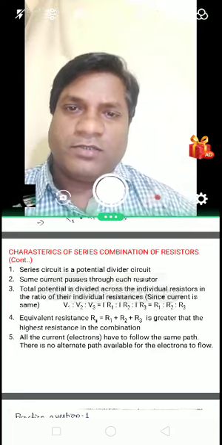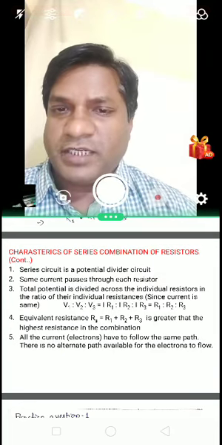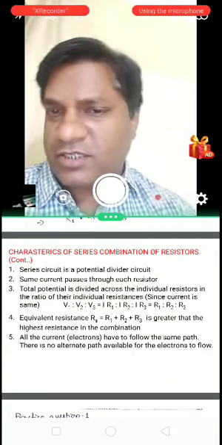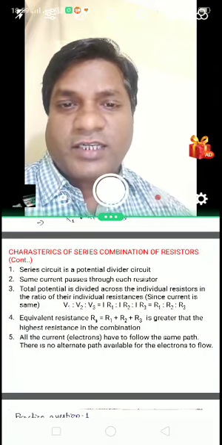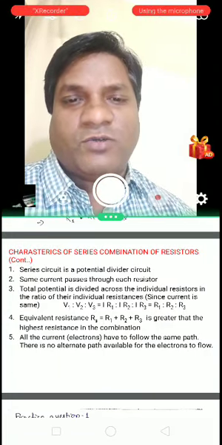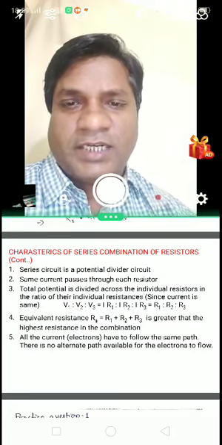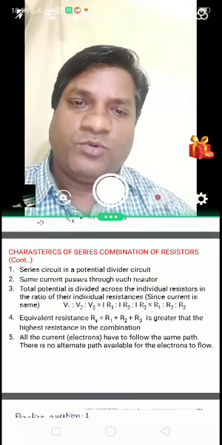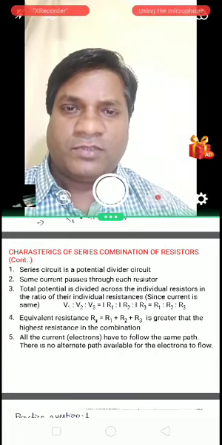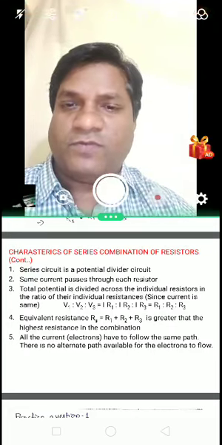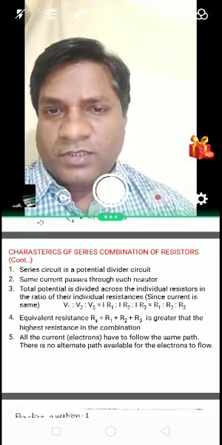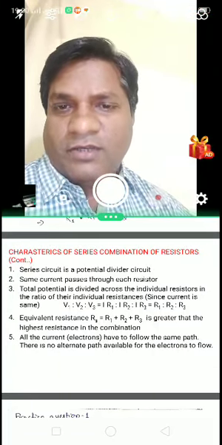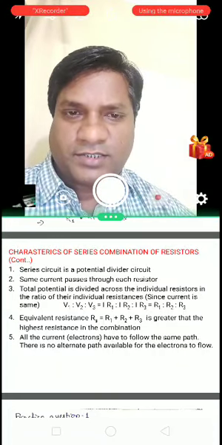Based upon this explanation, we can draw the characteristics, that means properties, of the series combination of resistors. First, a series circuit is a potential divider circuit. That means the total potential difference is divided into parts. Second, the same current passes through each resistor. The current has no alternative path to flow. Third, the potential is divided across the individual resistors in the ratio of their individual resistances.